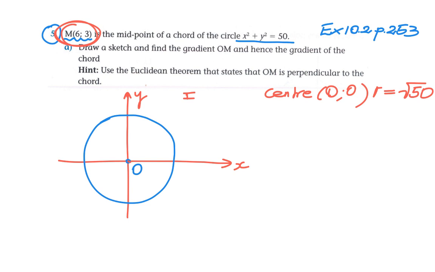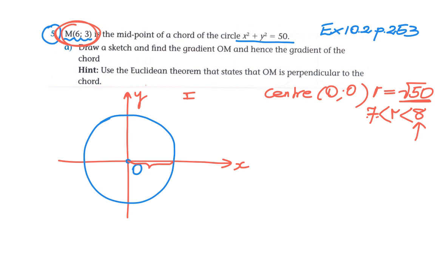Secondly, if my radius is square root of 50, that means my radius is slightly more than what? What's close to square root of 50? I've got 49, which is 7. Square root of 49, so it will be between 7 and 8, because if the radius were 8, then it would be 64 under my square root. So this is the radius between 7 and 8.